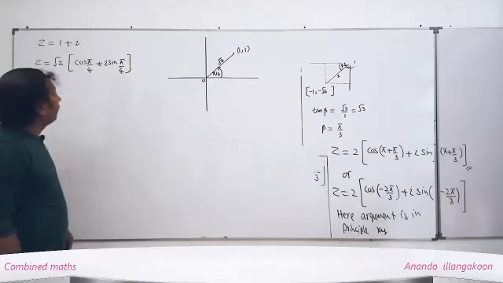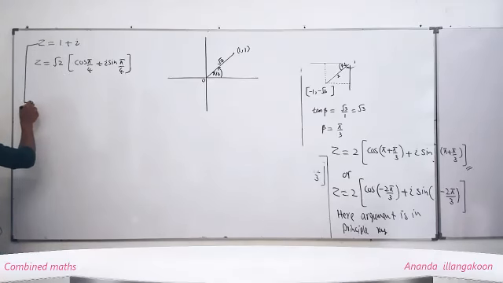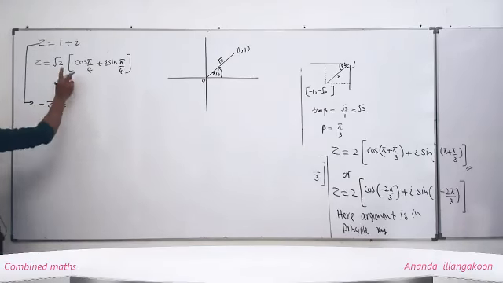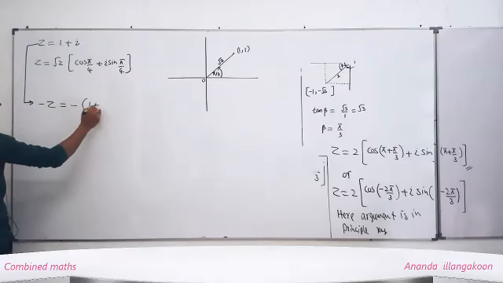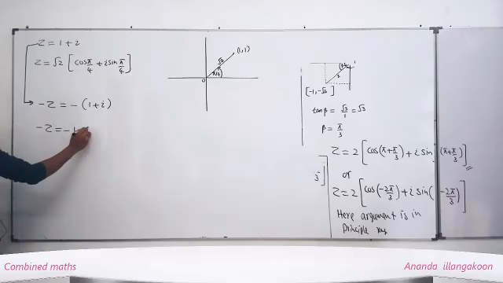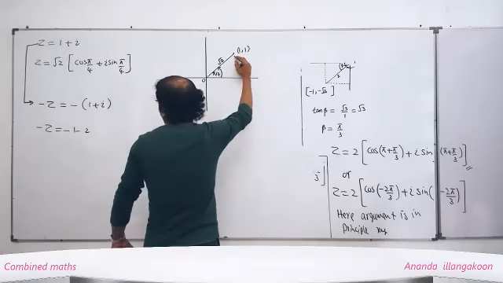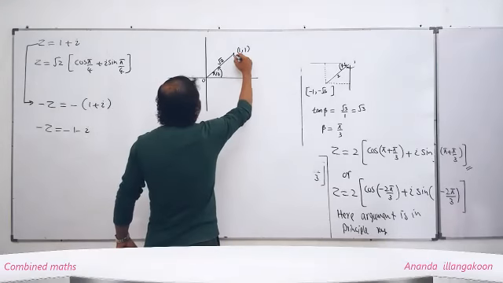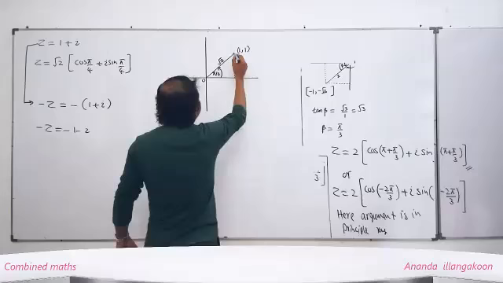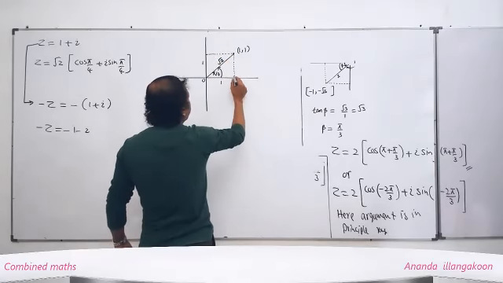Right. Now, people, I am going to take this one and find minus z. Therefore, you have to multiply the right hand side by a minus sign. And here, this is 1, this is also 1.